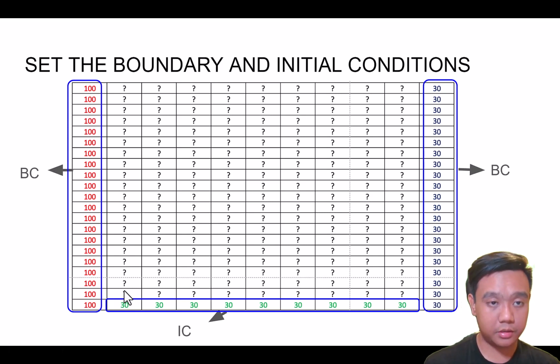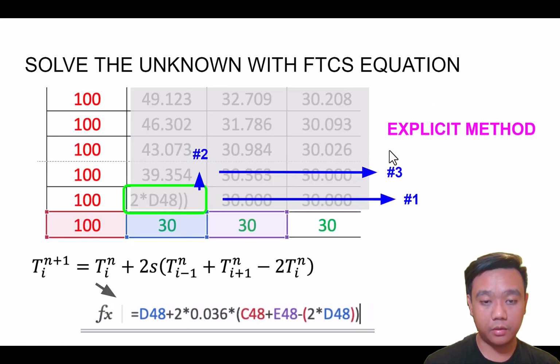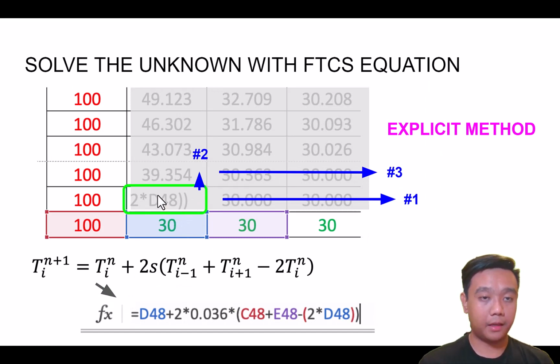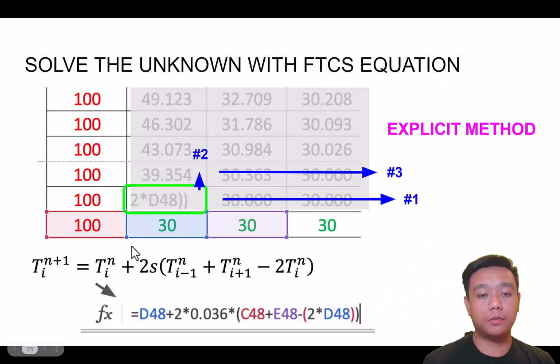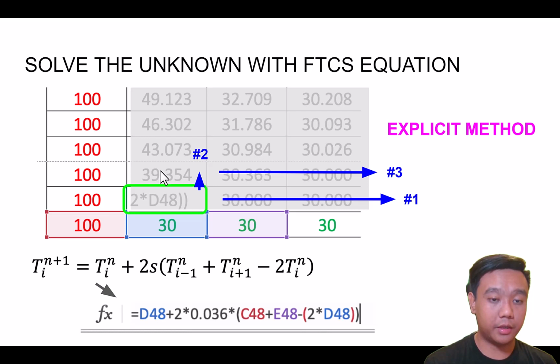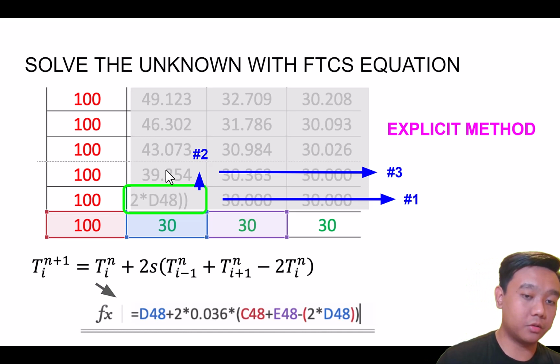But in this sample, I will use what is known as the explicit method. So we input it one by one here. From here, after we get this value, we calculate this one, the right part. Then after we get this, we calculate this, and so on and so forth. After this is complete, we just move up to calculate this, because we already have these 3 values underneath this mesh or node.